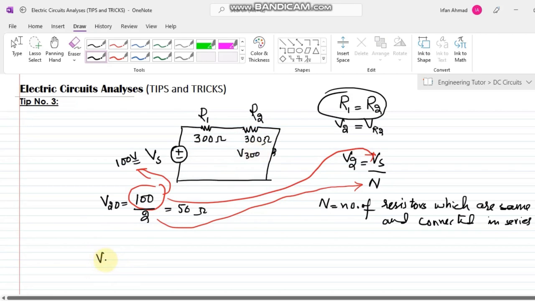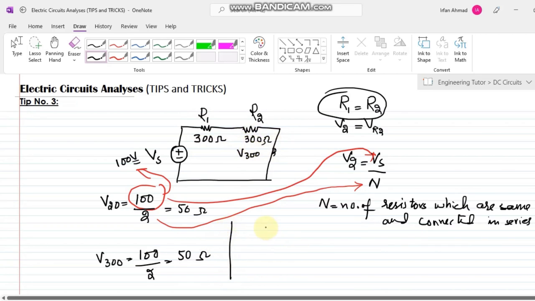As the source voltage is the same here, and the same number of resistors are connected here, the value developed across 300 ohm will remain the same. Similarly if R1 is 1000 and R2 is also 1000, the voltage developed will remain the same, and if it is 1, the voltage will also remain the same.